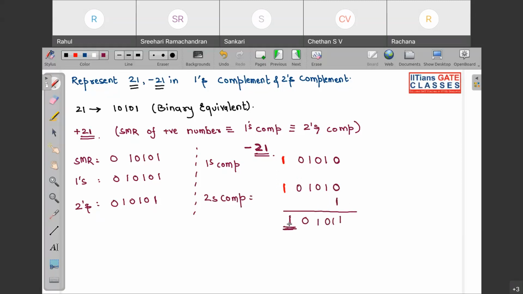Okay, so this is your sign bit and the remaining are your magnitude bits. So tell me, have you understood how to calculate the sign magnitude representation, 1's complement and 2's complement? Yes or no? Have we understood this or not?